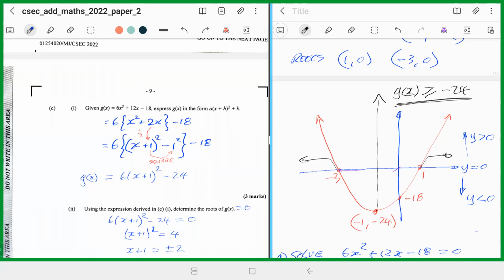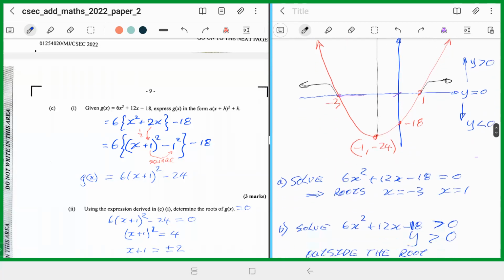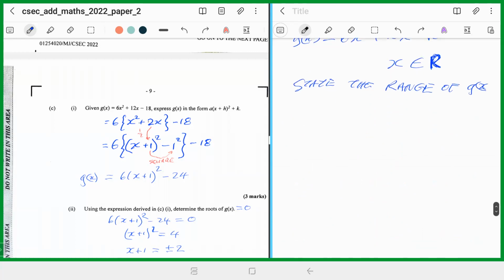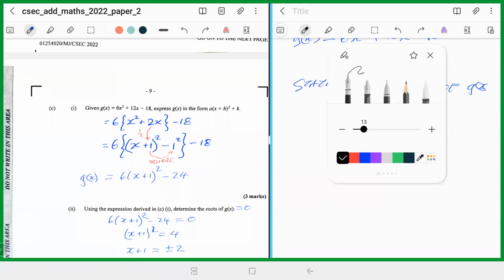If the domain is x is real. Well, let me go and change the domain now. Same function, but I'm adjusting the domain. I want you to tell me the range now. All right. Watch this now.